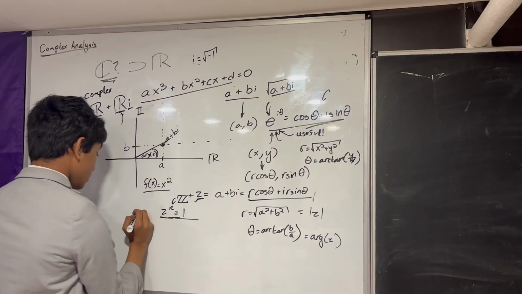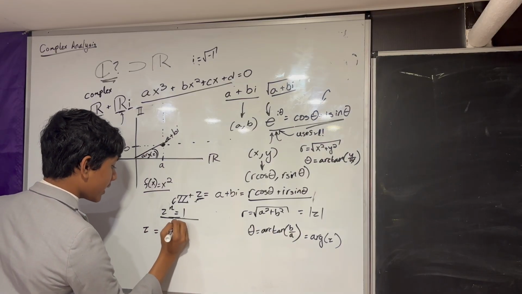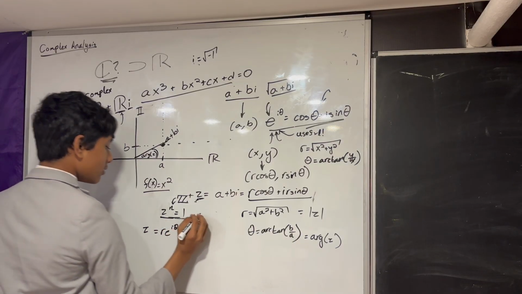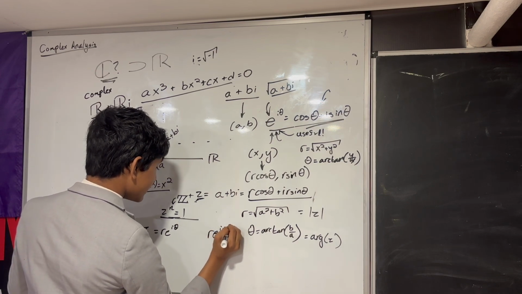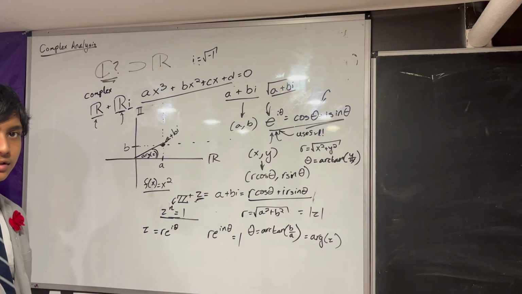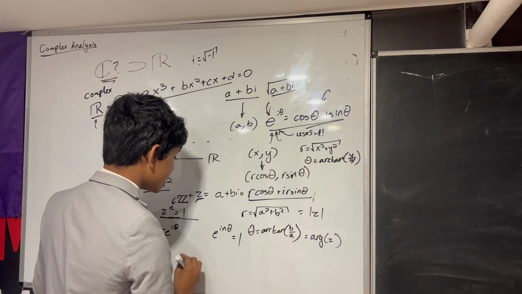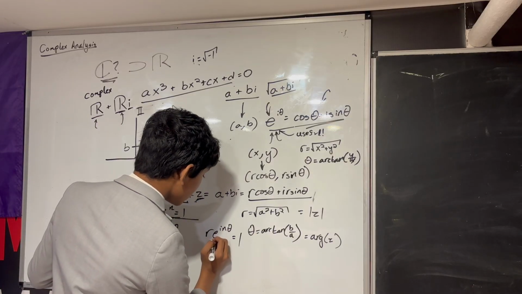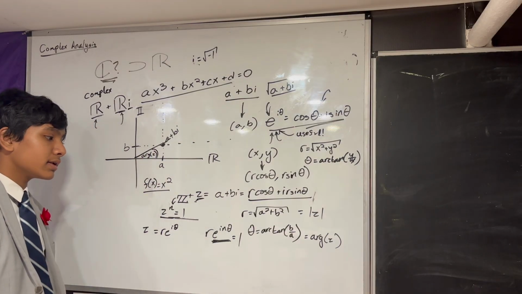So, let's say we write z as r e to the i theta. Then, we want to solve r e to the i n theta is equal to 1. Now, the first thing we notice, this r should probably disappear. But before that, what makes this equal to 1?